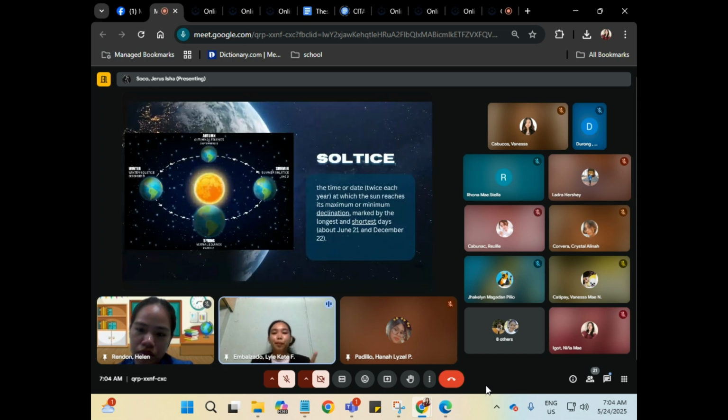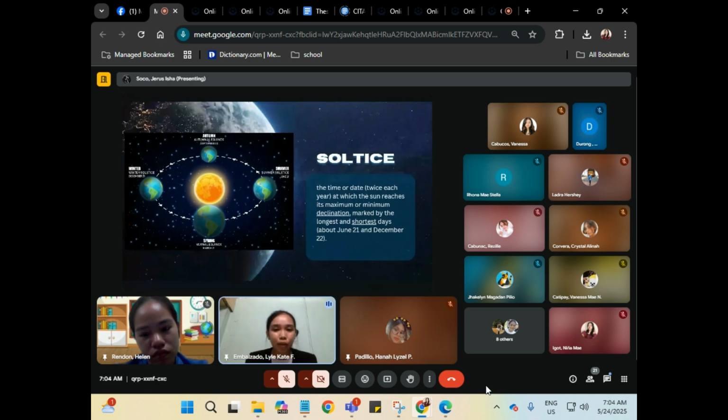Again, in the summer solstice, the sun is at the Tropic of Cancer, but in the winter solstice, the sun is at the Tropic of Capricorn, which runs through Australia, Chile, southern Brazil, and also northern South Africa. Okay? Do you understand what a solstice is, class?